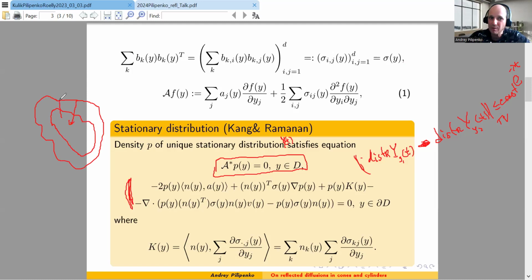It can be proved with a probability separated from 0. You may find some positive time tau such that there exists positive probability that the process y of tau is separated from the boundary by some small distance, say delta.